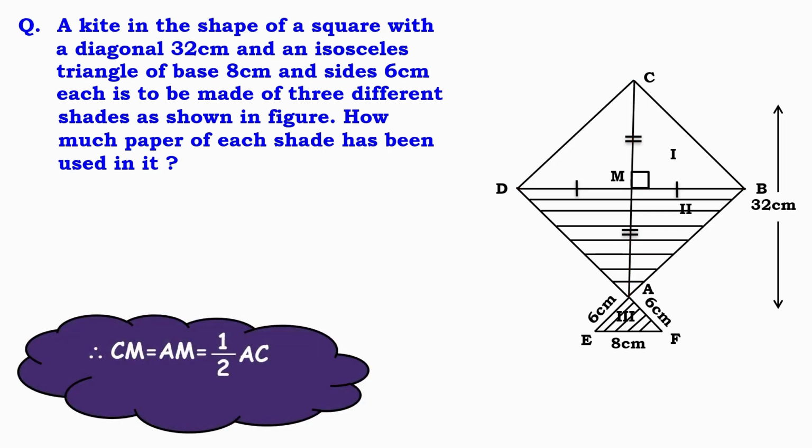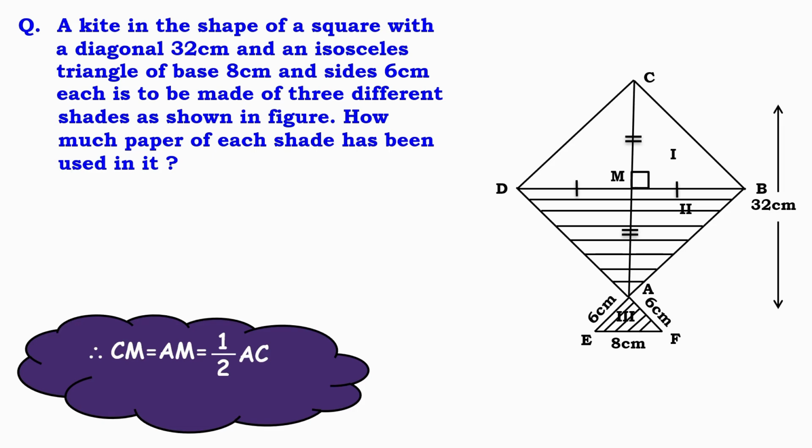Now here, what is CM? CA is the diagonal, right? Since they bisect perpendicularly, it divides equally, so CM will be equal to AM, and that will be equal to half of AC. Since the diagonals are equal, AC is equal to BD, so both are 32.